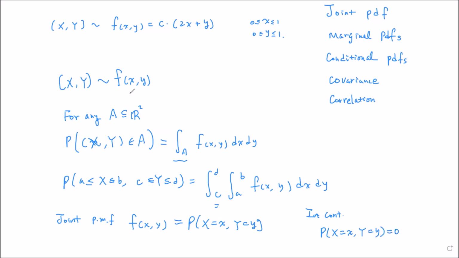So little f of x, y here in the continuous case is not the probability itself. It's a density function, so you can use this function to find the probability. So that's a difference between the PMF and the PDF.